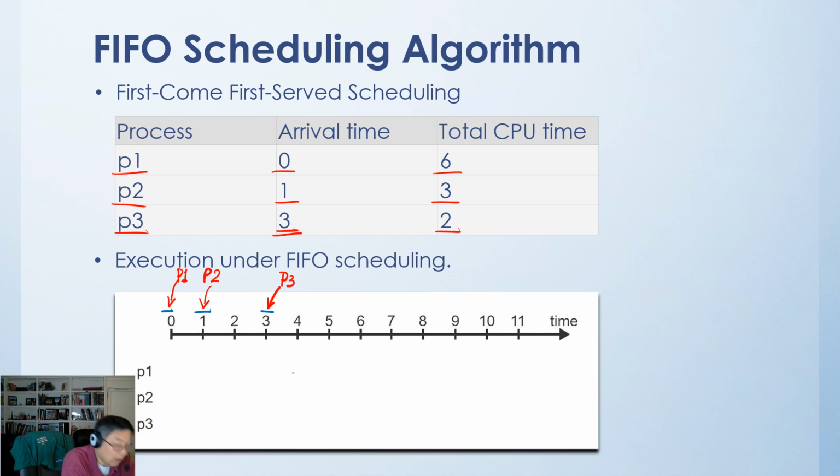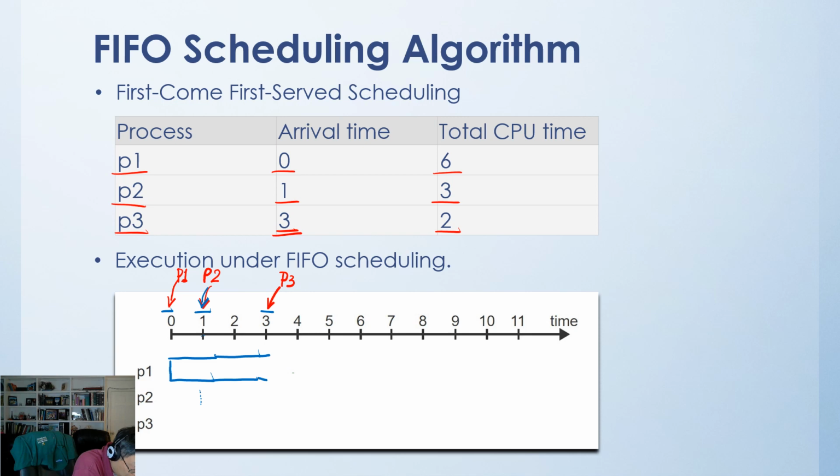When process 1 arrives, it is the only process, so it gets the CPU and starts to run. At time 1, process 2 arrives. Based on the FIFO scheduling algorithm, process 1 continues to run because the total CPU time for process 1 is 6.